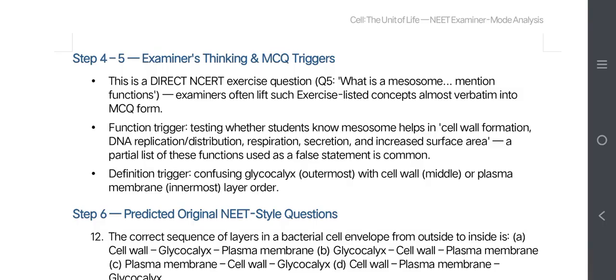So this is a direct insert exercise question. Question 5 from the exercise: What is mesosome? Mention its function. Examiners often list such exercise concepts almost verbatim into MCQ form.